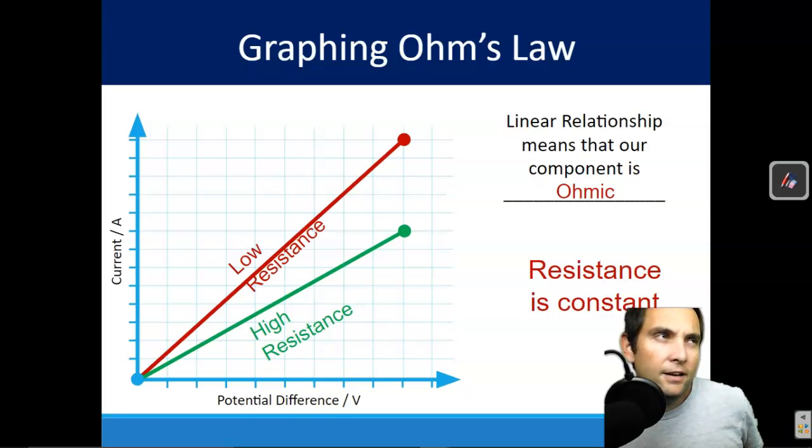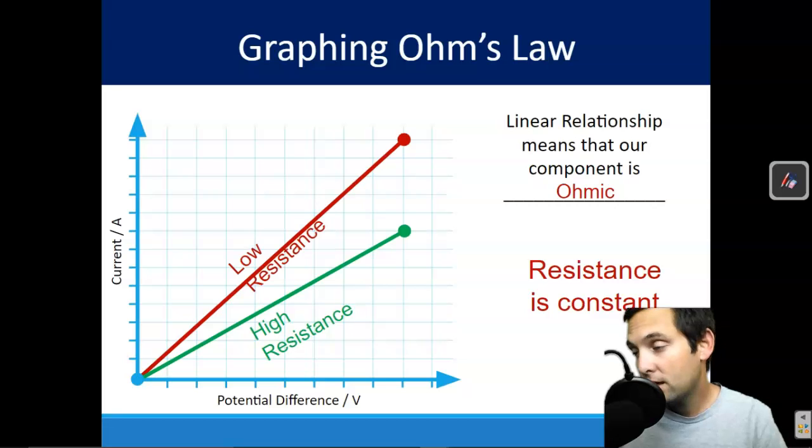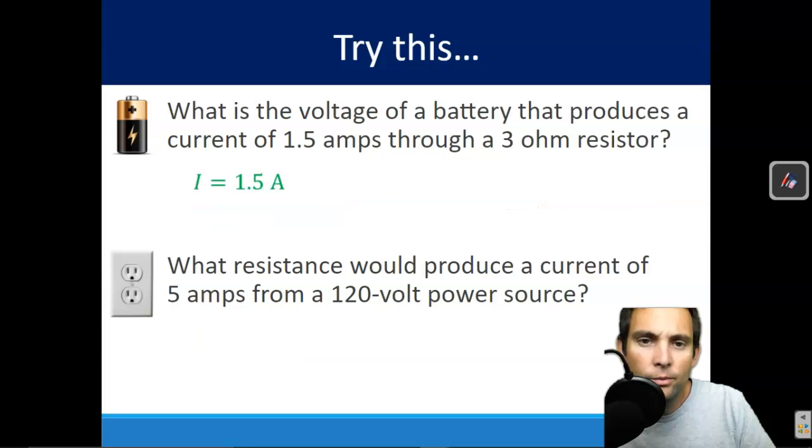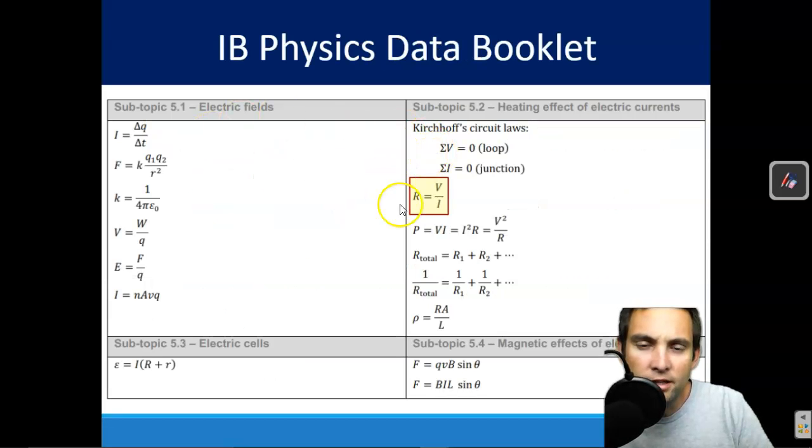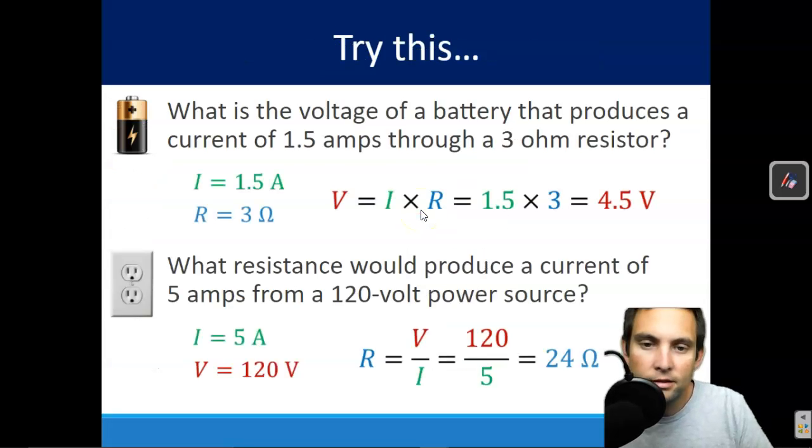If you are looking to decide whether or not a resistor is ohmic, you have to see what happens as you change your potential difference or as you change the current within your circuit. One reason why the IB book is rearranged as R equals V over I is because R is going to remain constant.